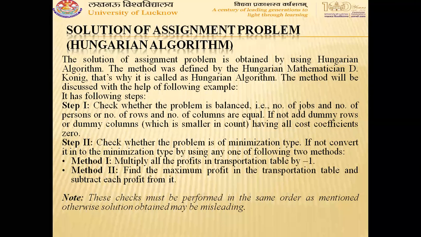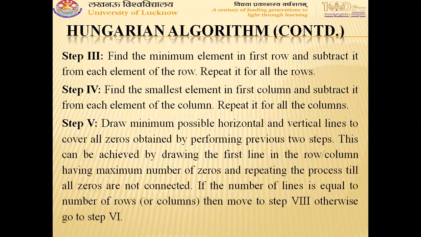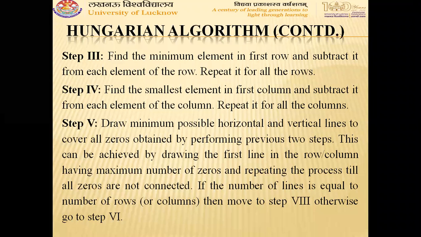Now it should be noted that these checks, that is step 1 and step 2, must be performed in the same order as mentioned. If we change the order of these steps, then the results would be misleading. Now the third step says to find the minimum element in the first row and subtract it from each element of the row, and repeat the process for all the rows.